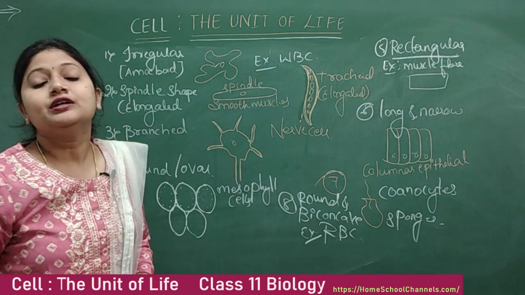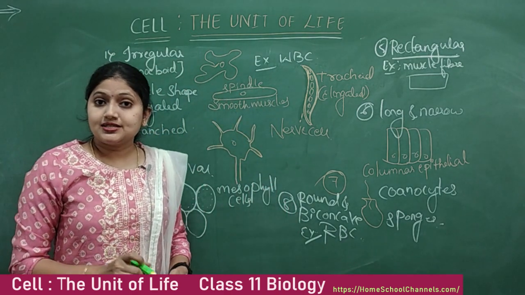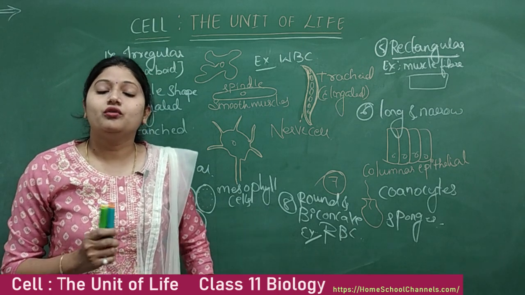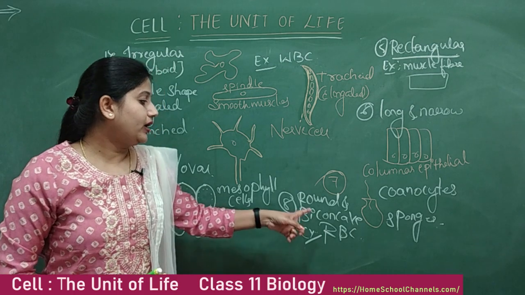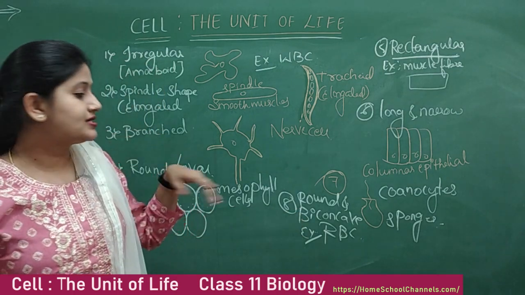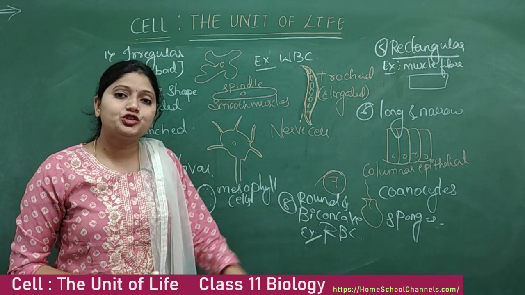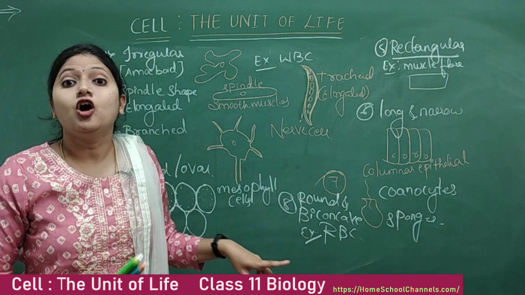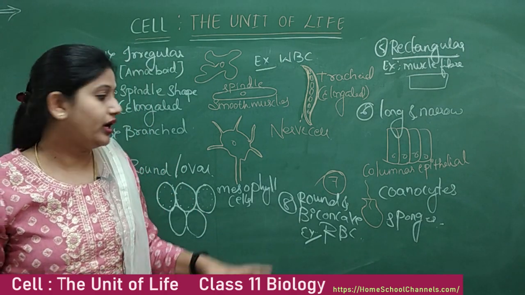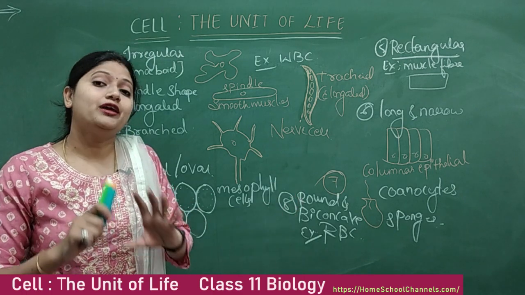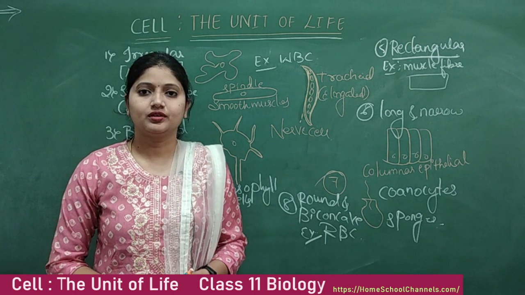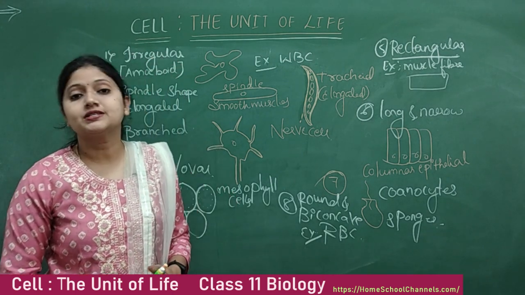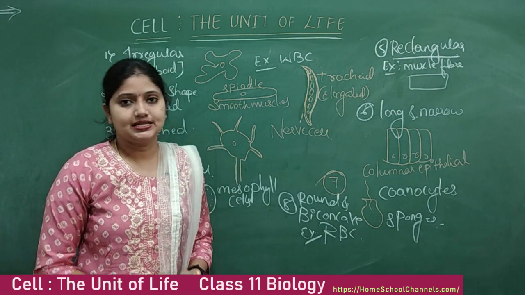They may ask in this way also, what is the shape of the RBC? It is round and biconcave. Or they may ask which among the following are in the shape of round and biconcave or disc shaped also. Okay, round and biconcave disc shaped, it is the RBC. This is all about the shape and size of the cell.